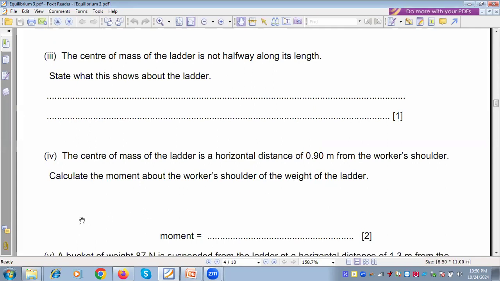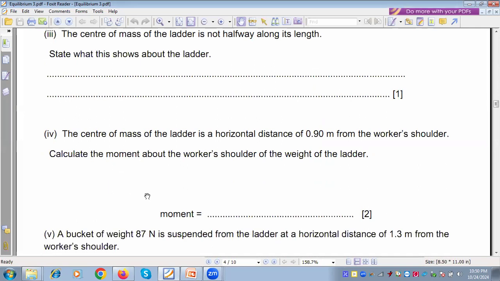We can calculate it simply by applying F into D. Moment is equal to F into D. So that was 80 into 0.9.